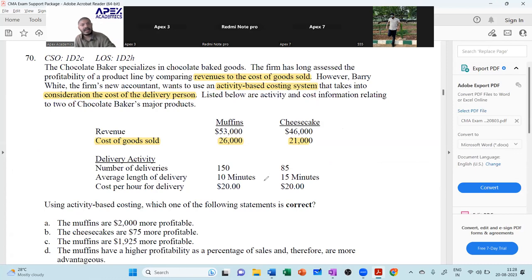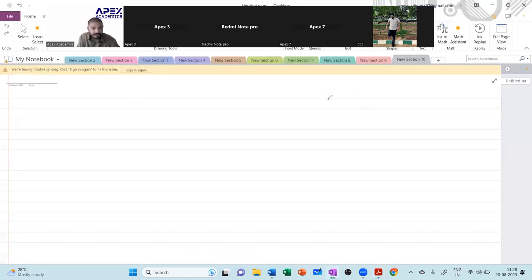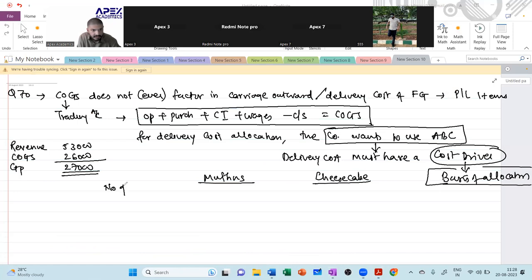Number of deliveries are 150 deliveries. Each delivery takes 10 minutes. Average length per delivery is 10 minutes. Now, please pay attention. Number of deliveries: 150. Time per delivery: 10 minutes.